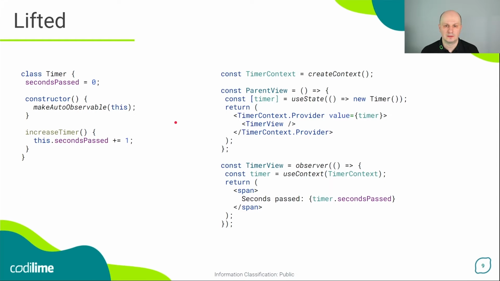The lifted state is suggested to be implemented by one class, which is our store. The class uses the makeAutoObservable helper to make actions and observable fields, and later in the parent view component we need to create the context, and first we need to instantiate this timer store only once using useState, and when we have a ready instance we can pass it as a value of the timer context provider.